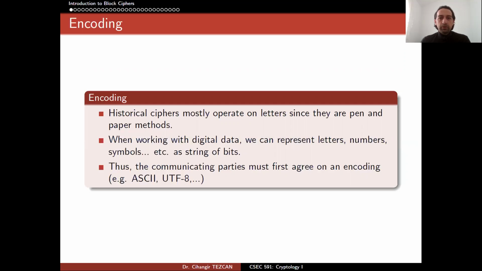But since we moved on to a digital age, now we have to represent data in a digital way. So encoding is actually the language the machines are going to speak, so in order to understand each other, we have to first agree on the encoding.